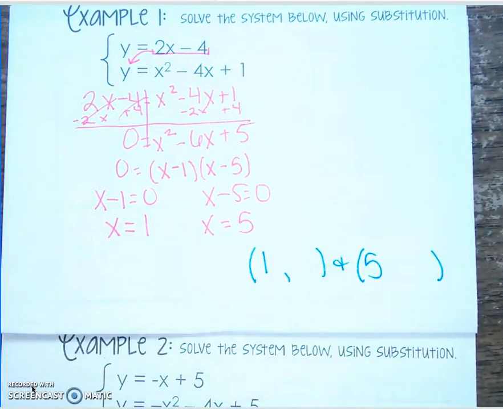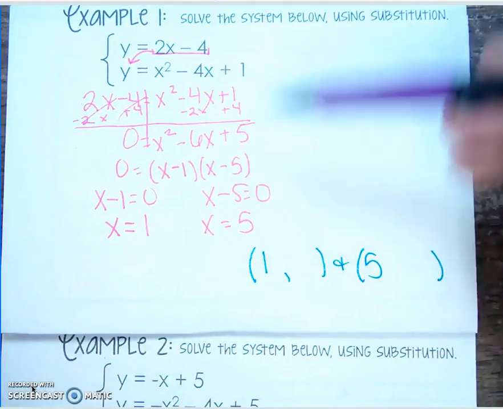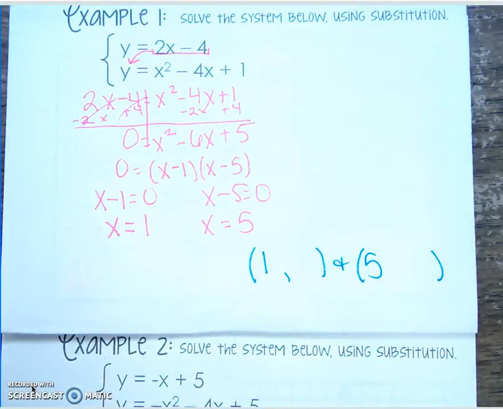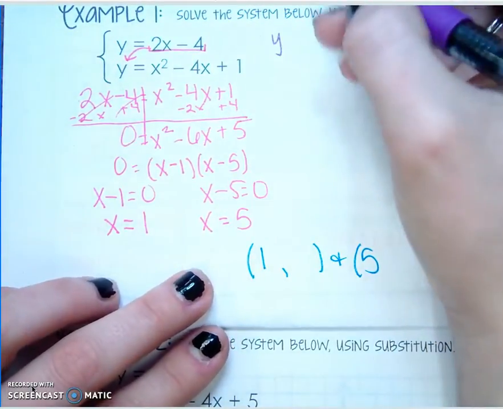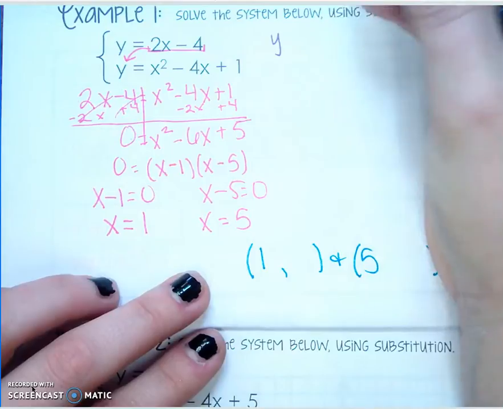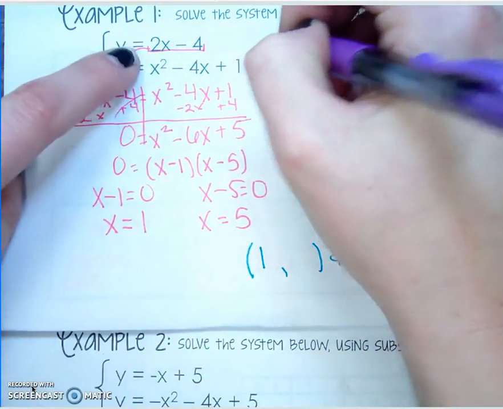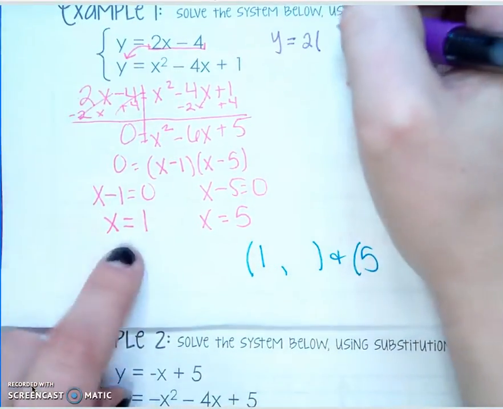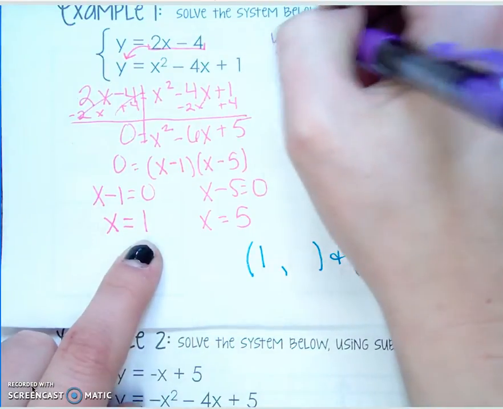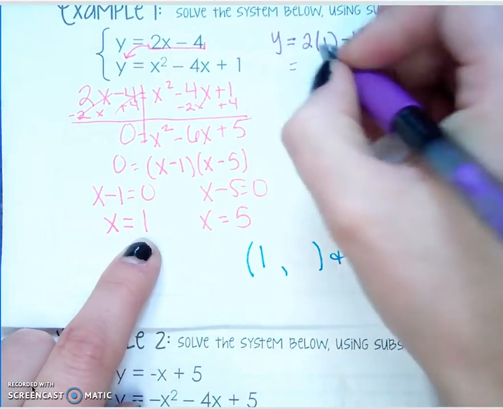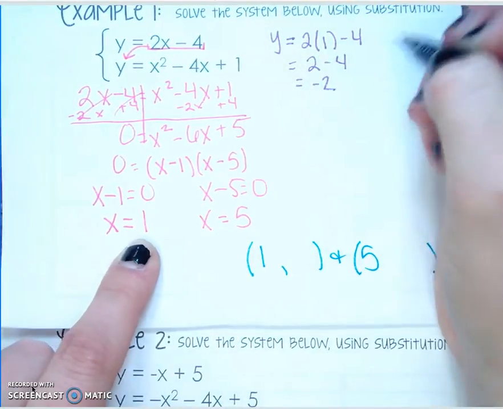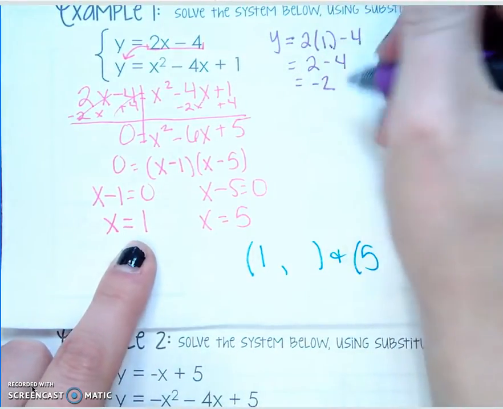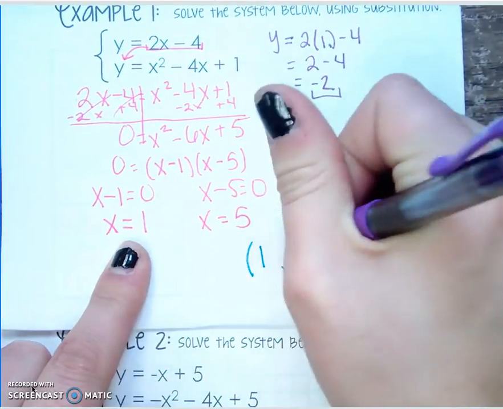So now I'm going to go back up and take my x's and plug each of them in to solve for y. I'm going to pick the first equation just because it's much easier. I don't have to deal with anything squared. So y equals 2 times 1 minus 4. So 2 minus 4 is -2. When x is 1, my y value is -2.